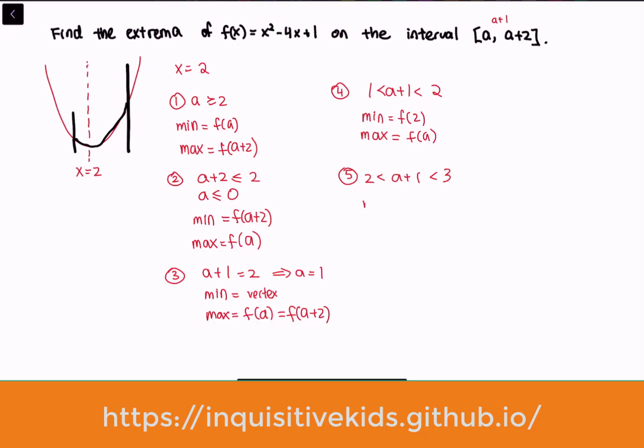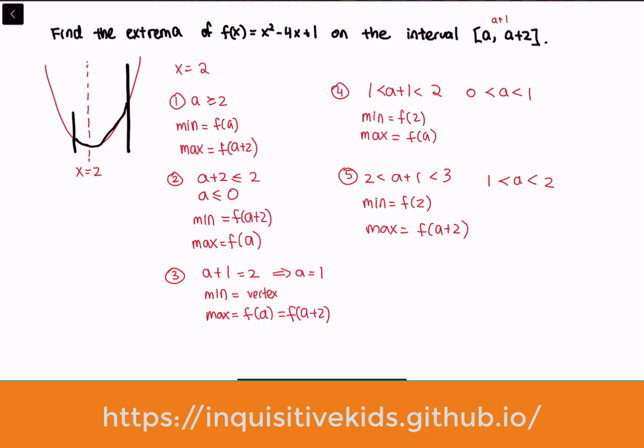In this case, the minimum value is still equal to the vertex, and the maximum value is equal to f of a plus 2. And in case 4, we can further simplify to get a is between 0 and 1. And in case 5, a is between 1 and 2.